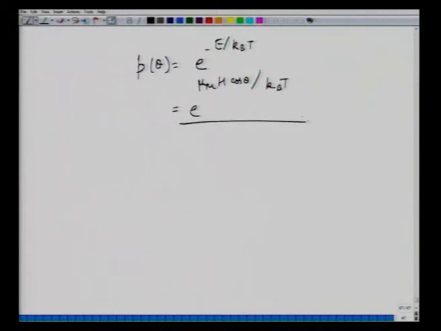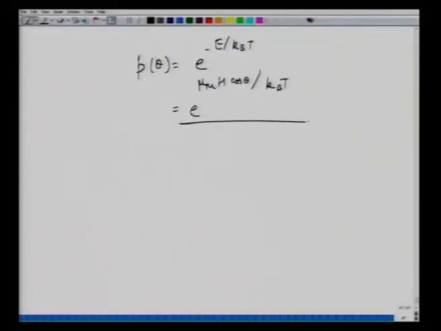So this is the probability with which it will align, naturally, in the direction of field H. As theta is equal to 0, this probability will be maximum.